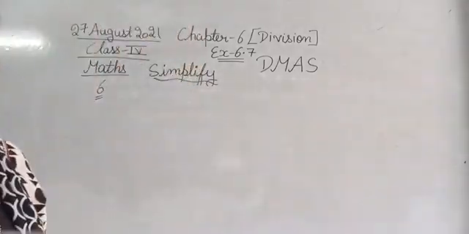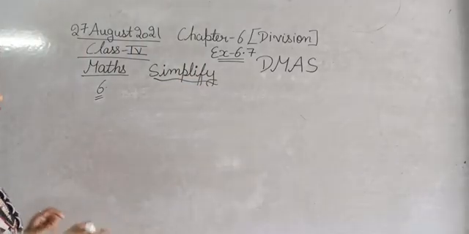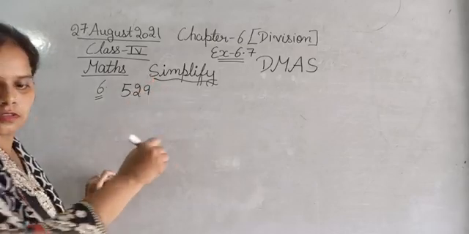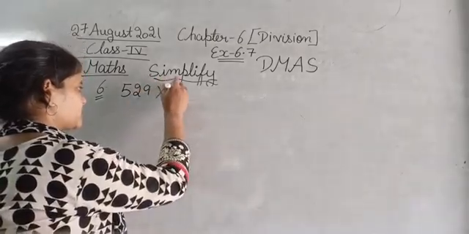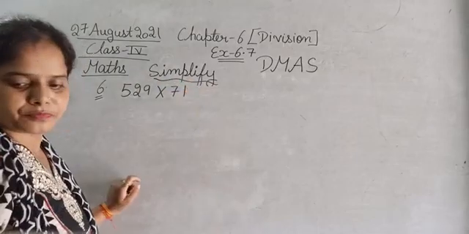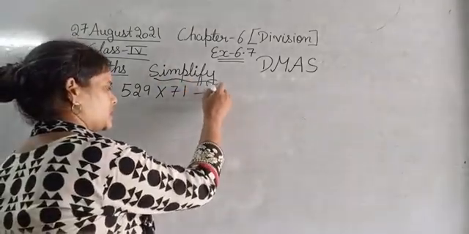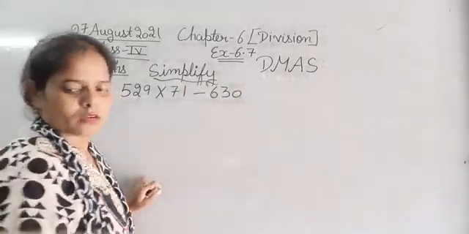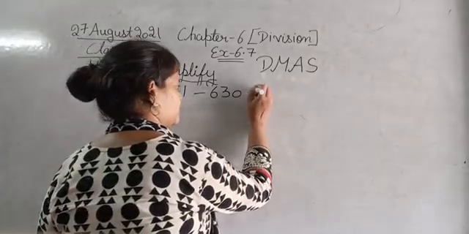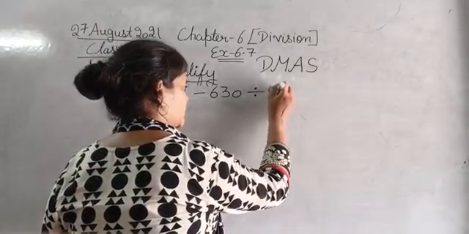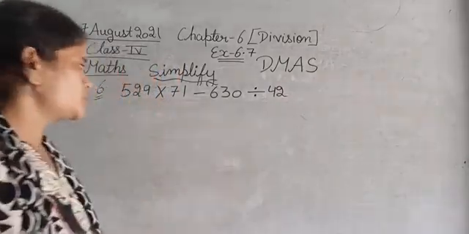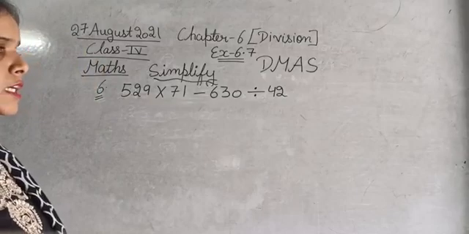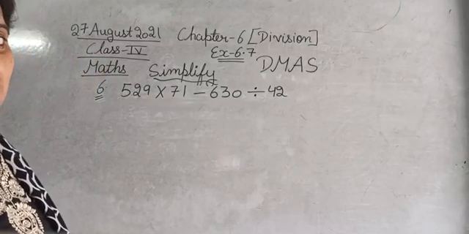Okay, so this is also a sum of simplification. So 529 multiply 71 minus 630 divided by 42.